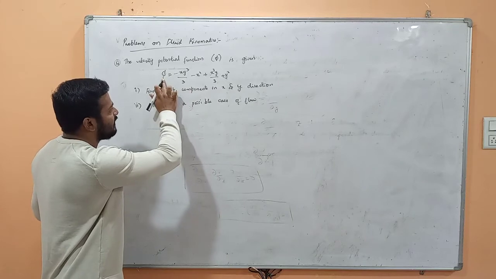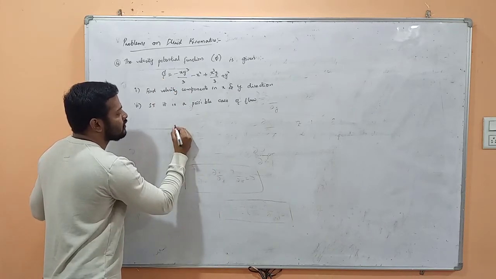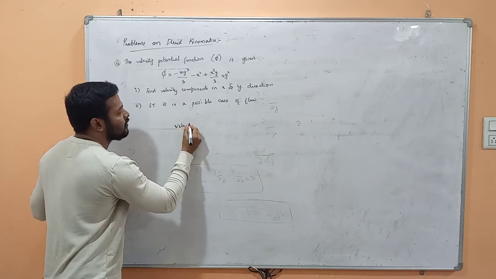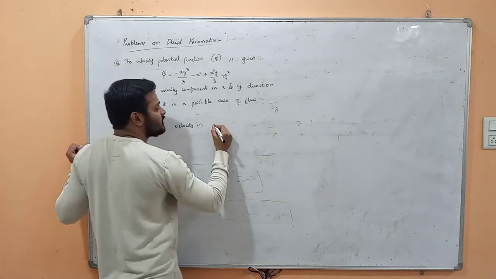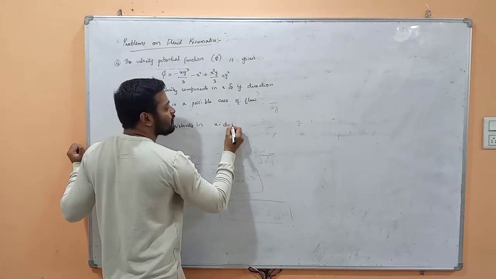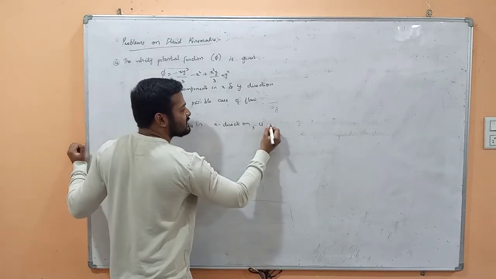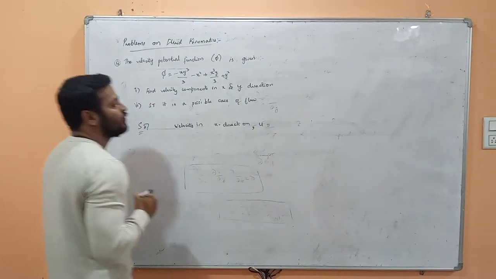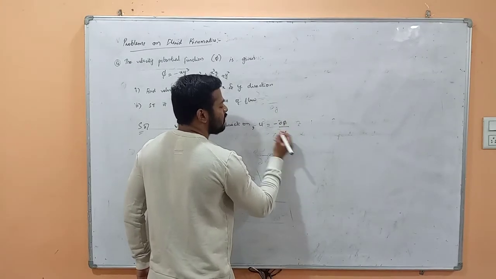So when phi is given, what is the velocity in x direction? I am doing the solution here. Velocity in x direction is u. What is the formula of u? u is equal to minus dou phi by dou x.